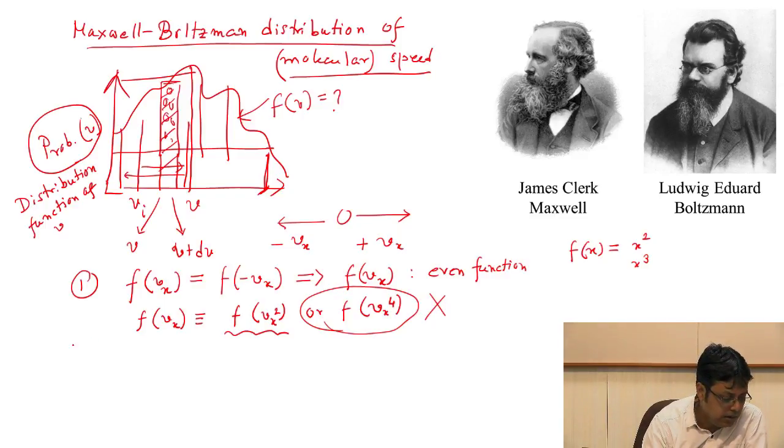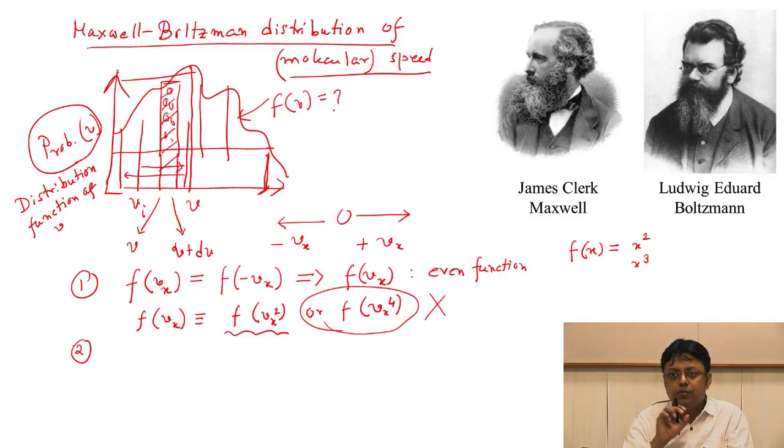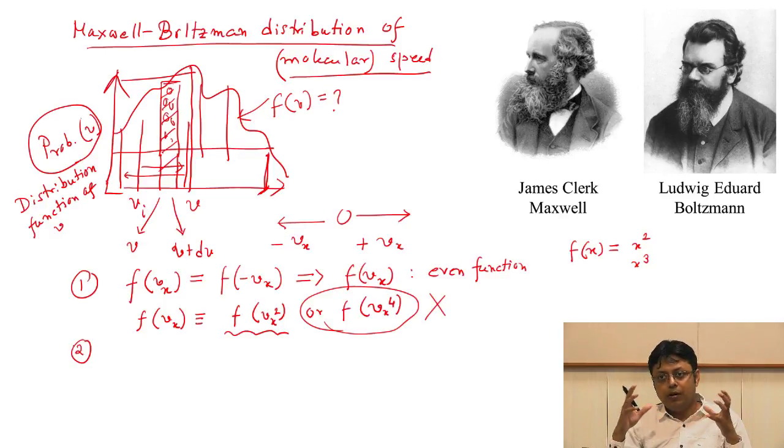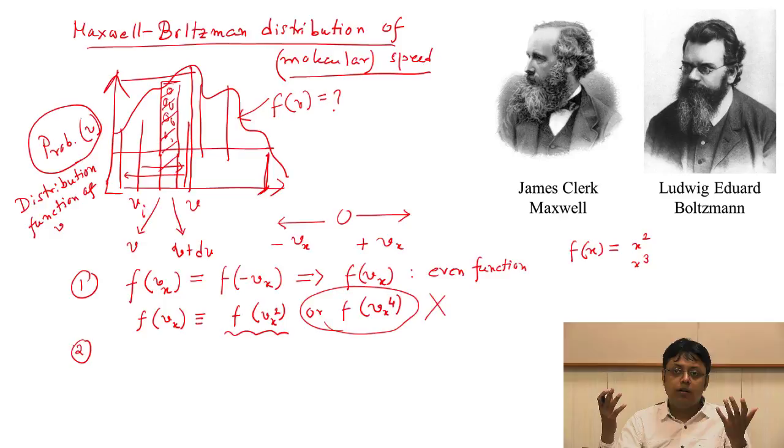Now the second thing is very interesting. When a molecule is moving, it always moves in an arbitrary direction. Now that arbitrary direction, or the component of the velocities along that direction, we resolve into the laboratory frame and ask what is the x component of the velocity, what is the y component of velocity, what is the z component of velocity.